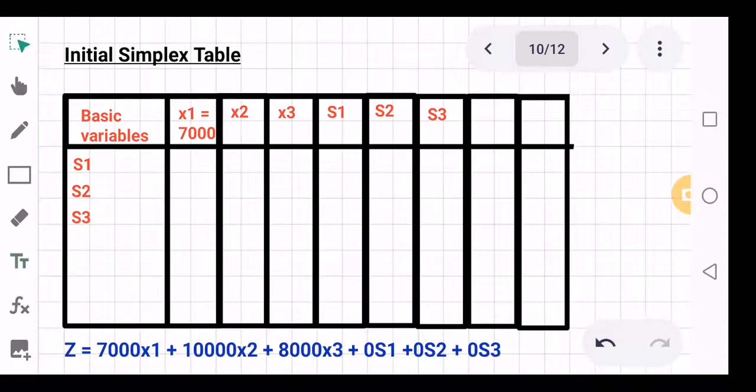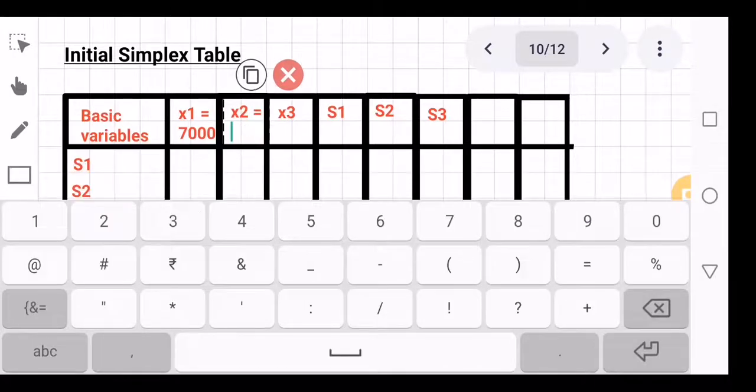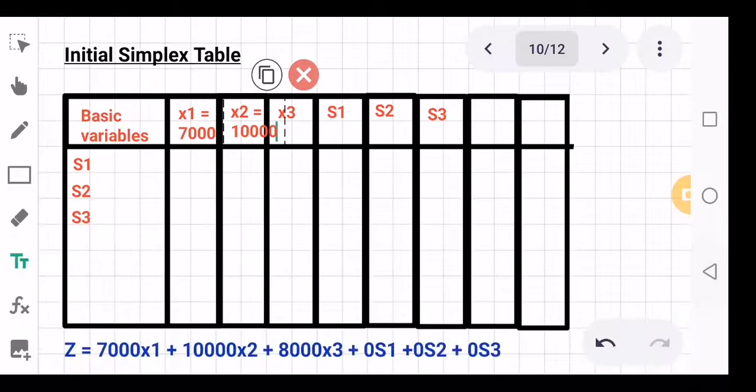Now similarly, what's the coefficient of x2? The coefficient of x2 in the objective function is 10,000. So here we'll write x2 is equal to 10,000. Similarly, what is x3 equal to?